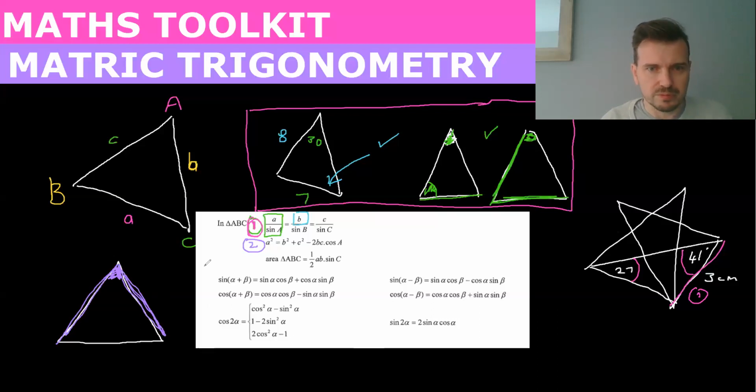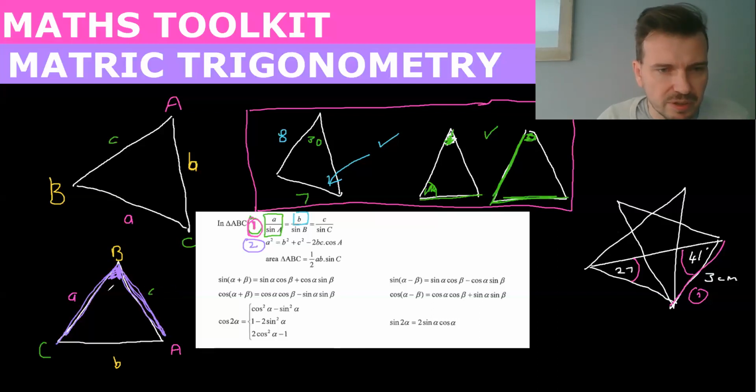So you can say this is, say, A, B, and C. And it doesn't matter how you label it, as long as you have the C opposite the C. Okay.